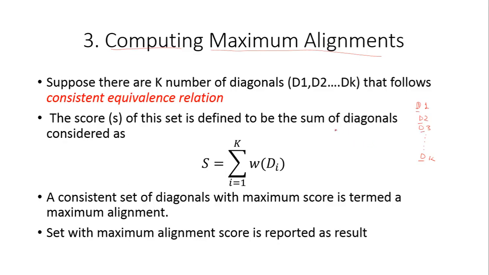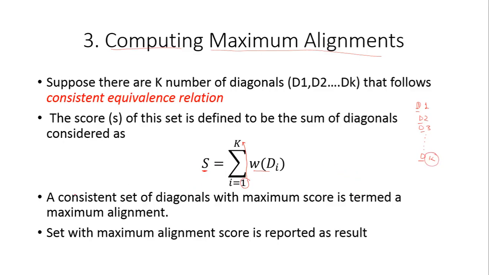So a score S is set that is obtained by adding the weight value of the first diagonal, and you go on adding till you reach the kth diagonal. क्यों? क्योंकि अपने पास में कितने diagonals है? We have got k number of diagonals.